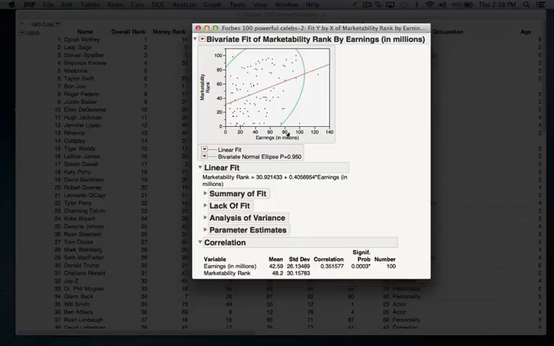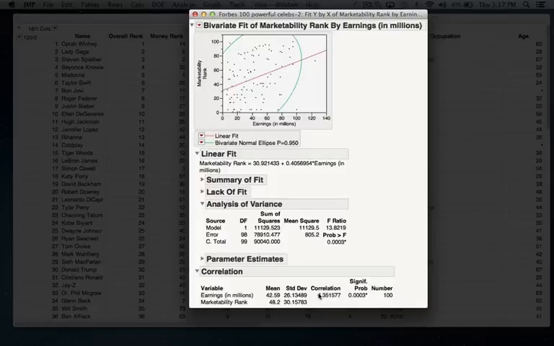So if we take a look, the correlation between earnings in millions and marketability is about 0.35. 0.35 is a positive correlation. So that does mean that as earnings in millions increases, so does marketability rank.